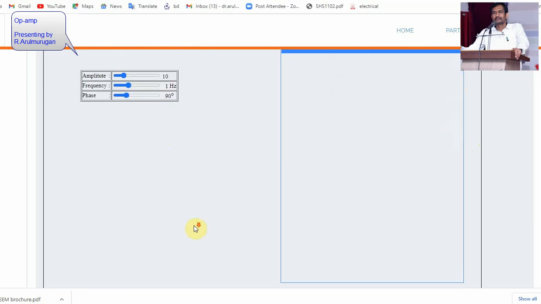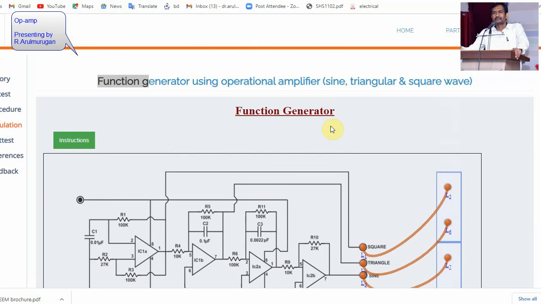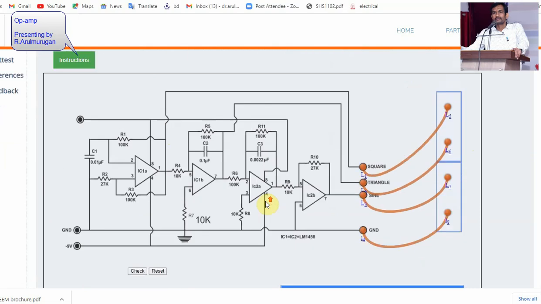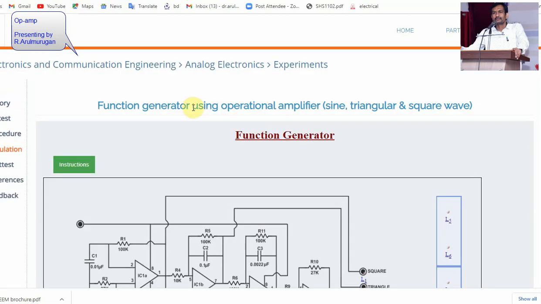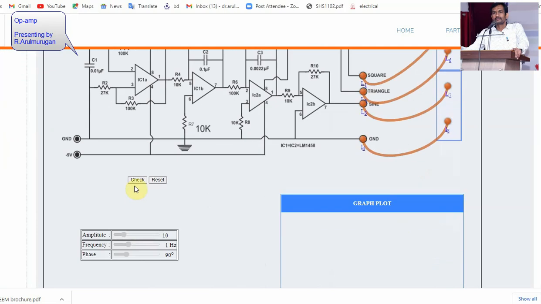See here, amplitude, frequency and phase.